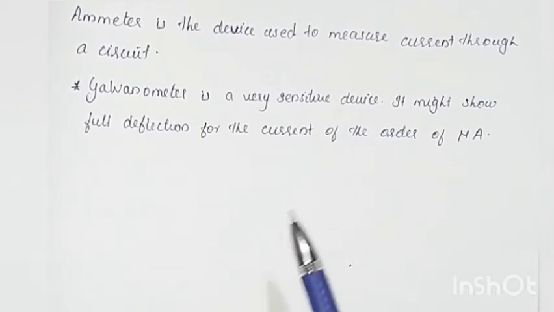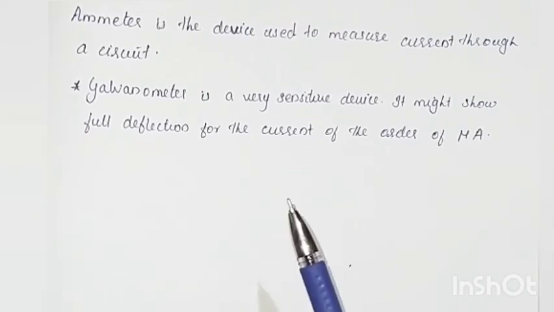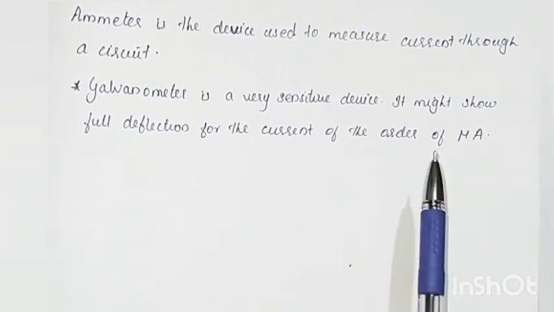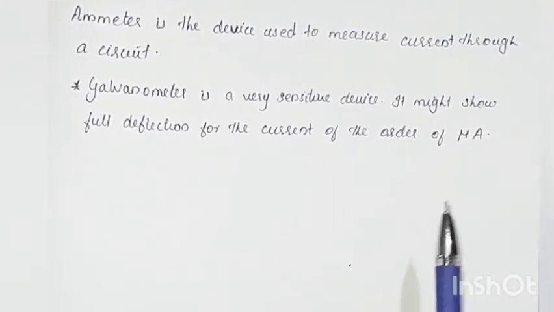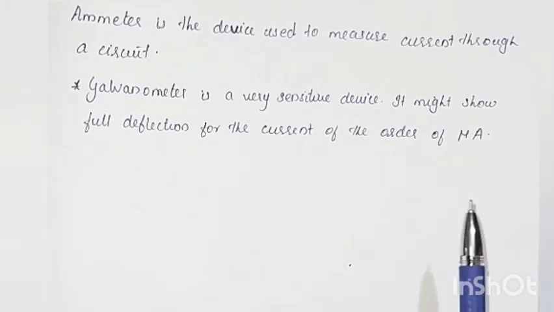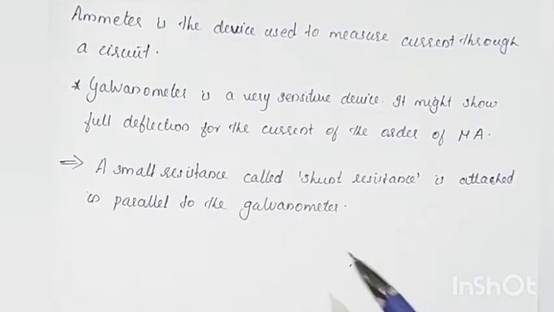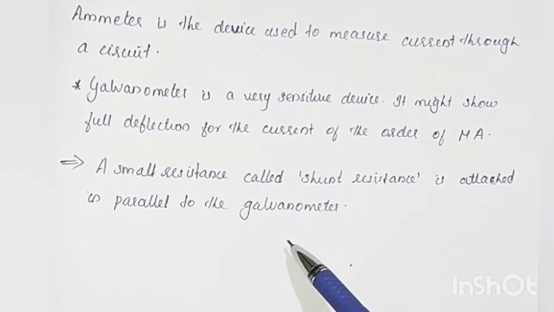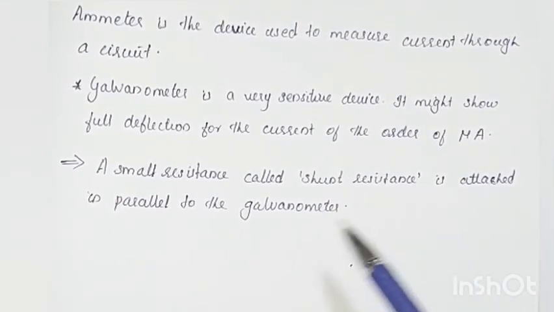So to measure a larger current, we make certain changes in the arrangement of the galvanometer. To overcome this difficulty, we attach a small resistance called the shunt resistance in parallel to our galvanometer. So as a part of the conversion of a galvanometer to an ammeter, we are connecting a shunt resistance in parallel to the galvanometer.